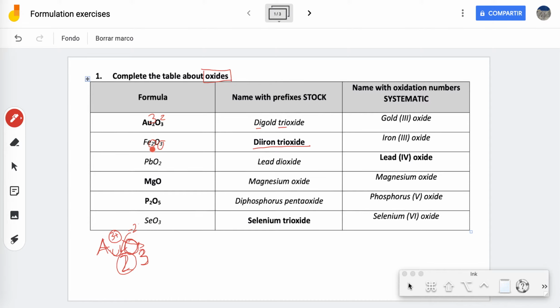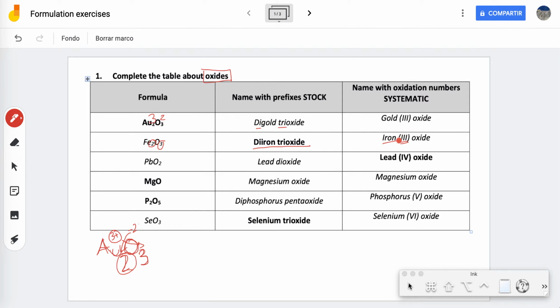So knowing that, these 2 come from the oxidation number of oxygen, and this 3 comes from the oxidation number of iron. So when we write systematic, we have to say iron and then the oxidation number 3, not 2, even though here is the iron.